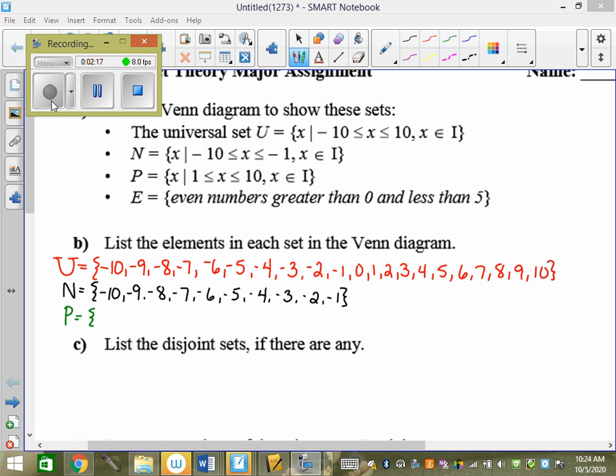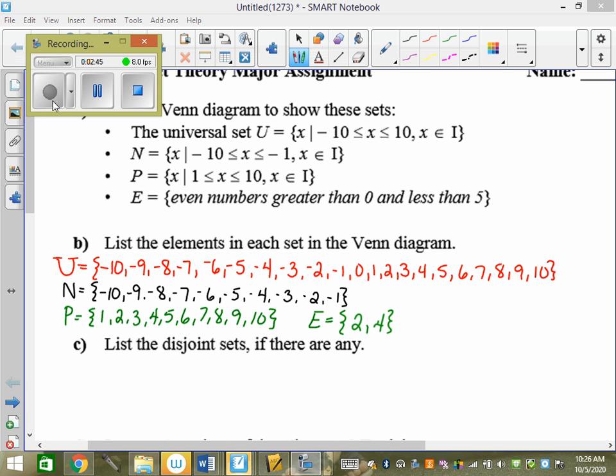So P has 1, 2, 3, 4, 5, 6, 7, 8, 9, 10. And E, okay, so 2, 4, and that's it. Now, are any of these disjoint? Which ones are disjoint?